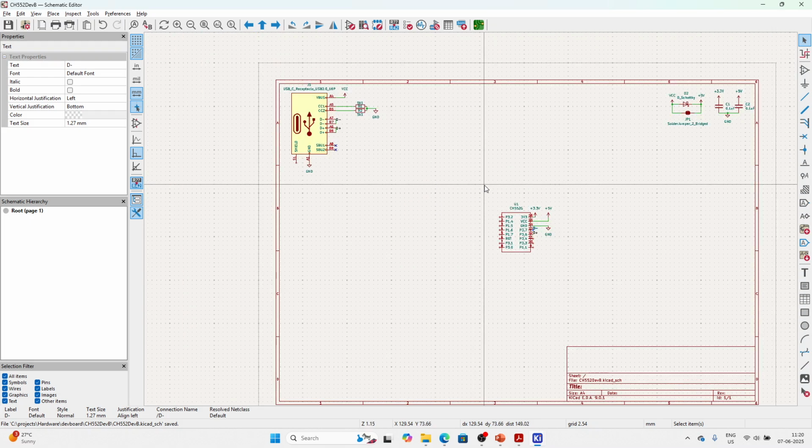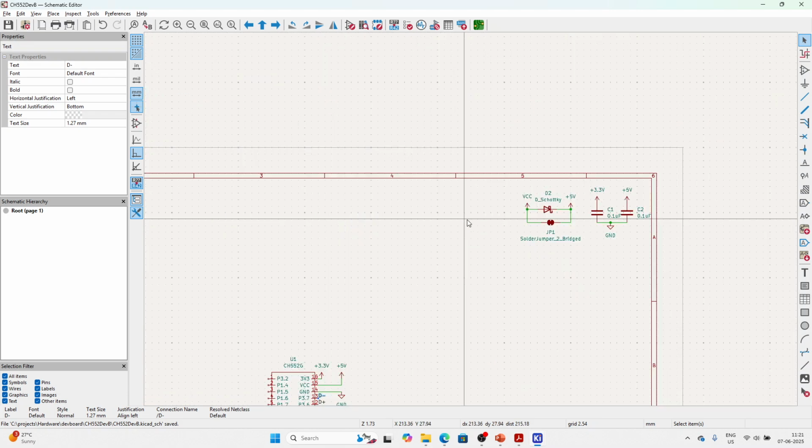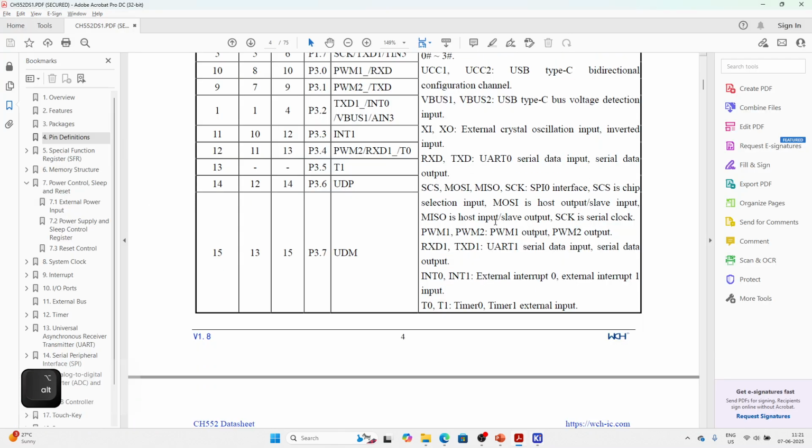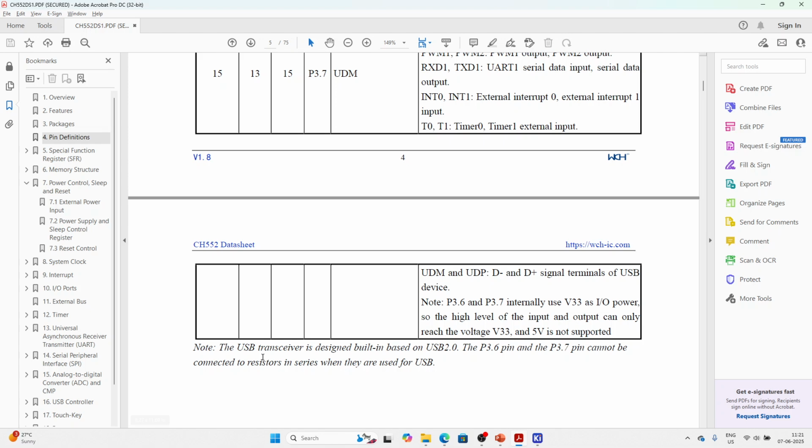Again, a secondary caution: this is not always required, because we are dealing with pins which cannot work beyond 3.3 volts. USB transceivers are built based on USB 2, and they cannot be connected to series resistors when used. Also, they say that internally 3.3 is used as IO power, so the high level of the input and output can only reach 3.3 volts.